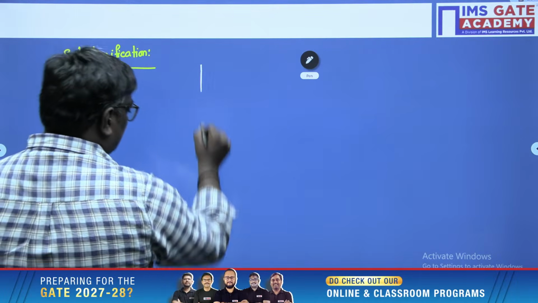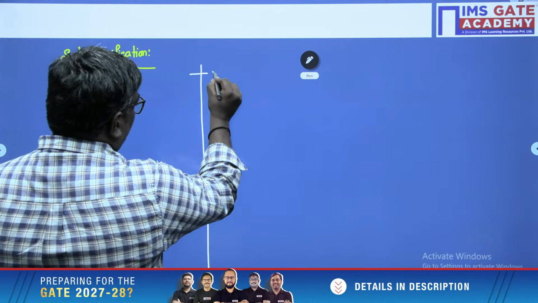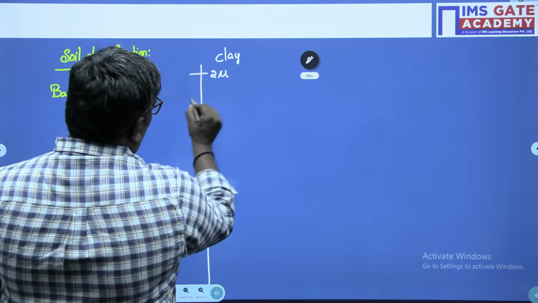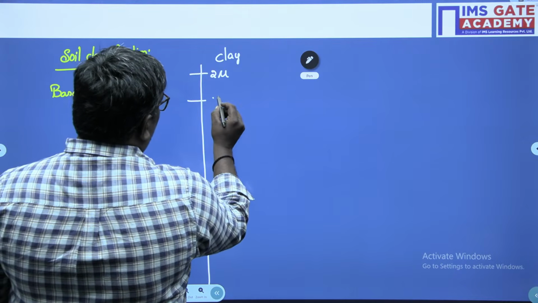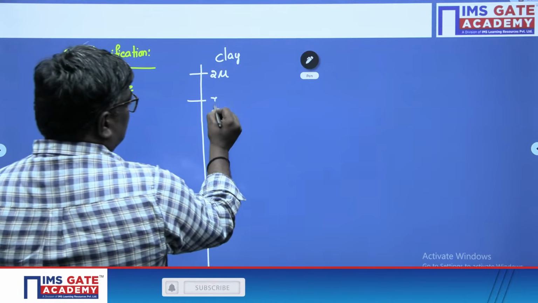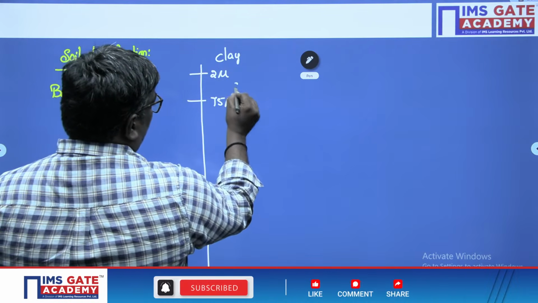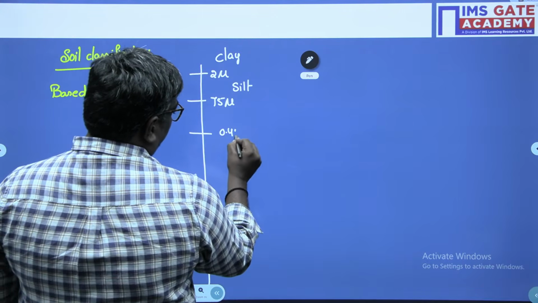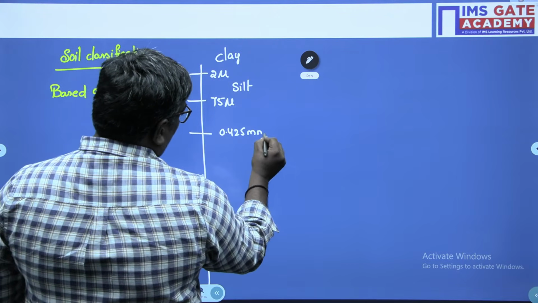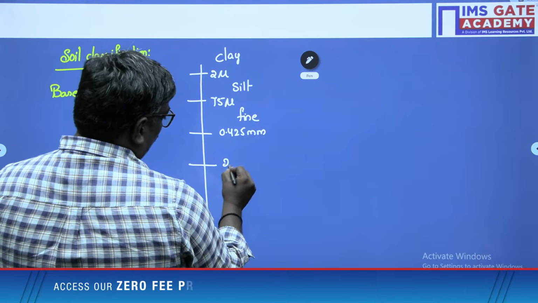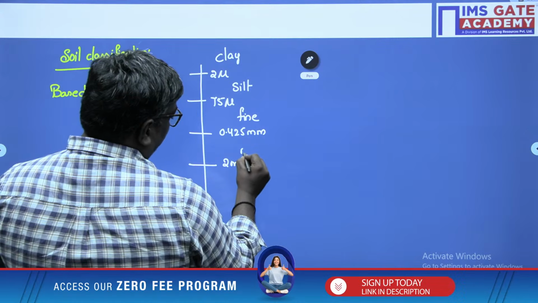Here we have different sizes. If it is less than 2 micron, we call it clay. 2 micron to 75 micron, we call it silt. 75 micron to 0.425 mm, we call it fine sand. 0.425 to 2 mm, medium sand.